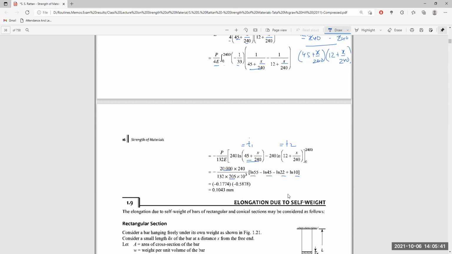After simplification and putting the values of ln 45 and ln 22, this equation becomes 0.1043. This is the elongation of this rectangular bar, where both width and thickness are changing.